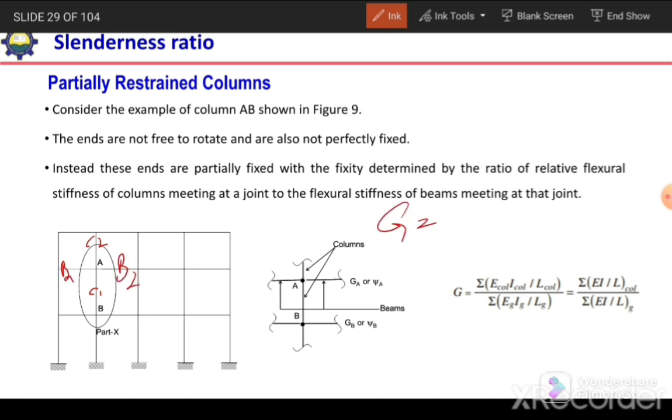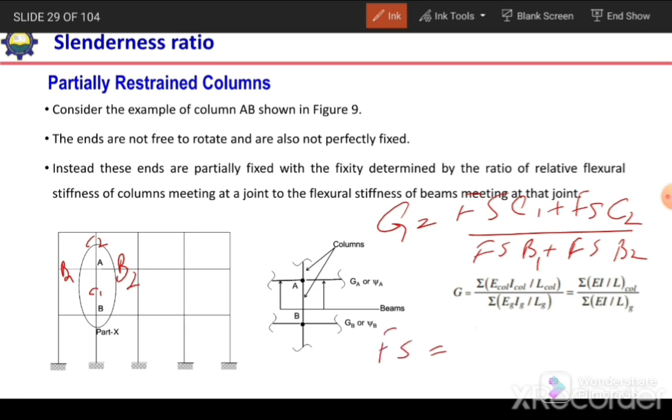So G will be equal to flexural stiffness of C1 plus flexural stiffness of C2, divided by flexural stiffness of B1 plus flexural stiffness of B2. And this flexural stiffness is simply equal to EI over L. So we need to find the EI over L value for all these beams and columns meeting at that point. So we can calculate this G value at point A and at point B. Once we have these G values, then we can easily find the K value from those alignment charts.